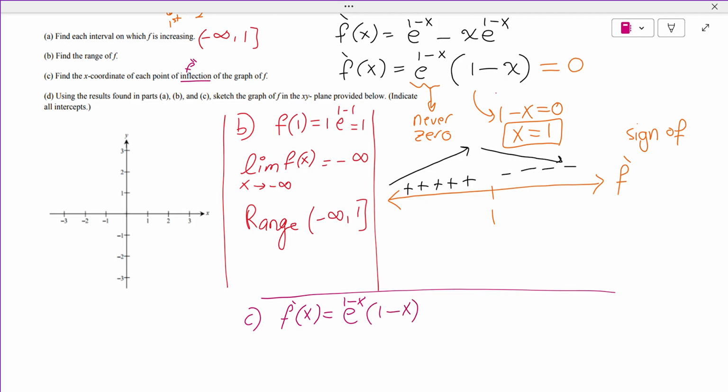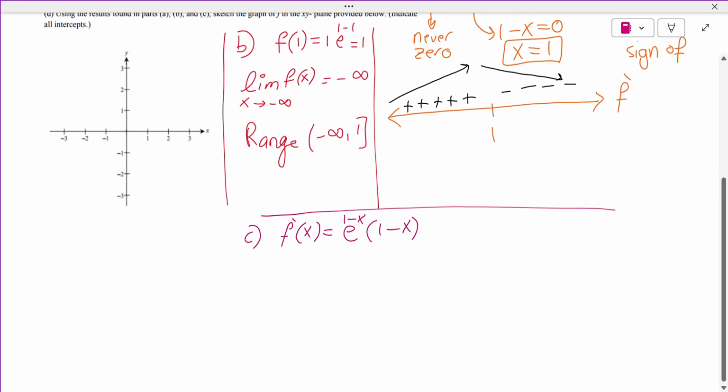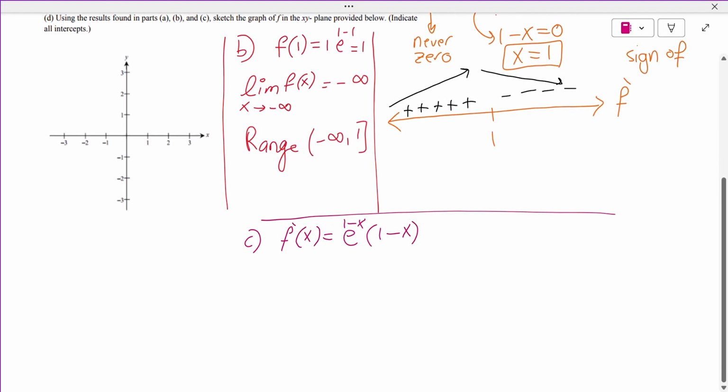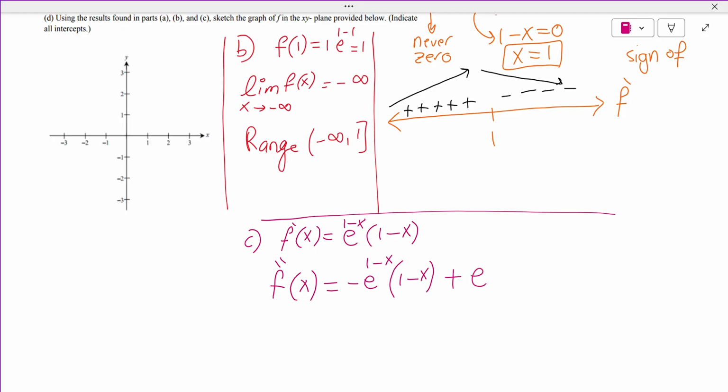So now let's go ahead and find the second derivative. To find f double prime of x, you need to apply the product rule. Differentiate the first, it's minus e to the power of 1 minus x. Leave the second, which is 1 minus x, plus leave the first, e to the power of 1 minus x. Differentiate the second.